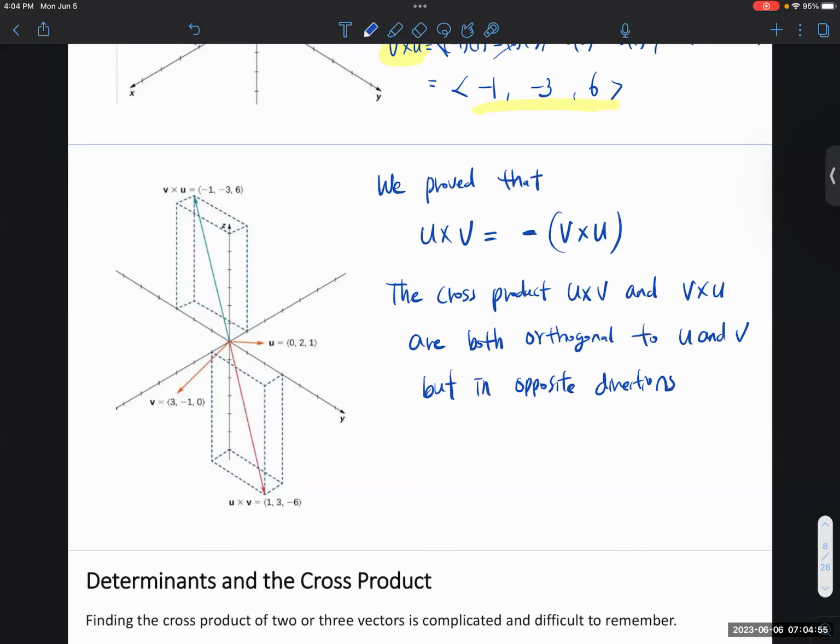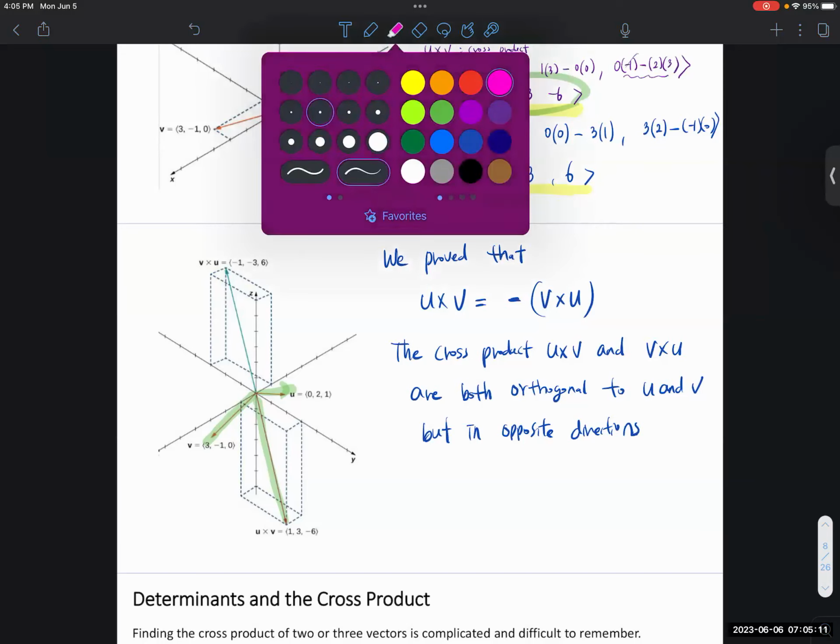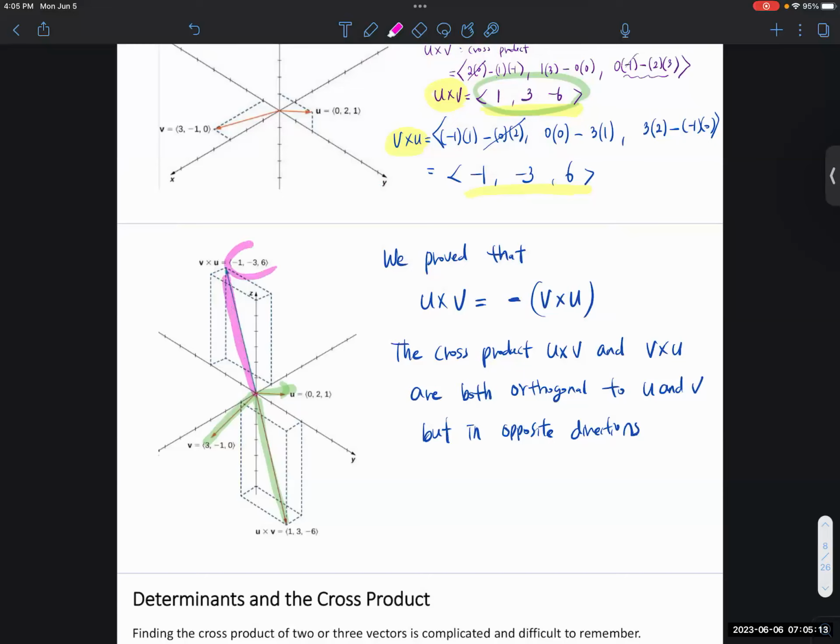So let's take a look at it. We have the u vector right there, and the v vector right there. You multiply u and v, which is here, and we found the first one, 1, 3, -6. But when you multiply in the opposite order, v and u, it's a different number in the opposite direction. So what does it mean?